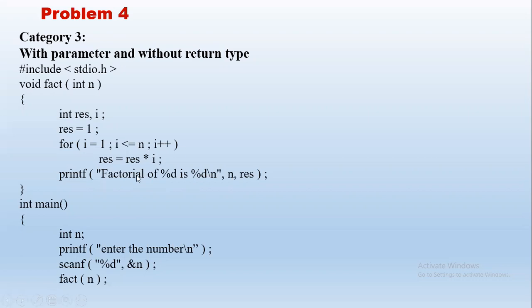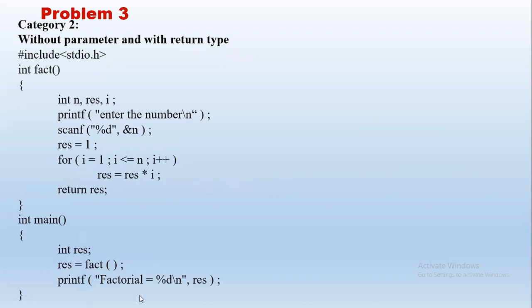If you give the same printf statement, even the printed output will be the same, right? Here we just gave a different printf. In the previous second program, it was factorial equal to %d, and we did not print n. If you give it like the previous program, instead of this printf, we can give factorial of %d is %d, n comma result. Then even the output statement is the same.